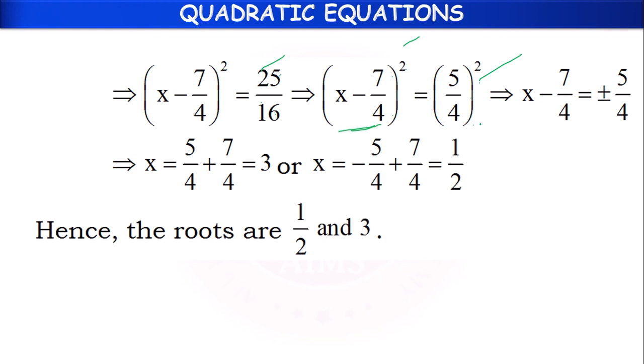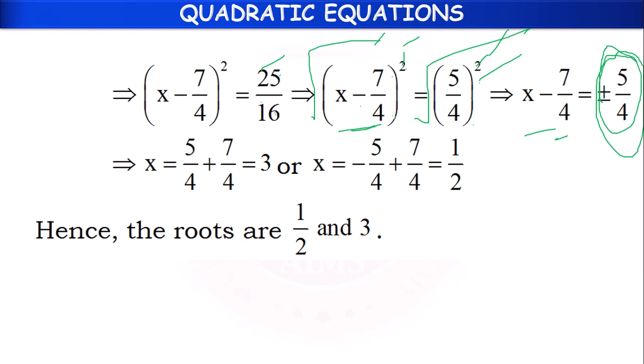On both sides, we can take the square root. If we take the square root on both sides, the square and root get cancelled. x minus 7 by 4 equals, on this side we can write plus or minus 5 by 4, because we can take the positive square root or the negative square root.